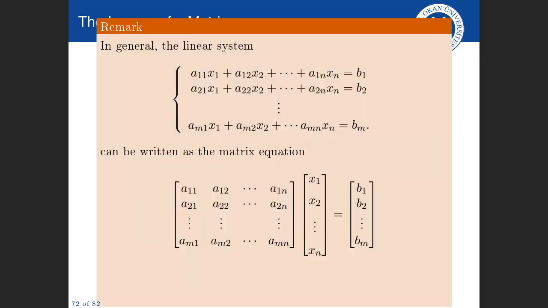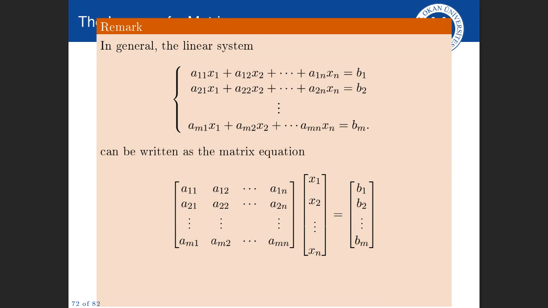In general, if we have a linear system like this, with m equations and n variables, we can write it as a matrix equation: an m by n matrix multiplied by a vector, an n by 1 matrix, is equal to a vector, an m by 1 matrix.